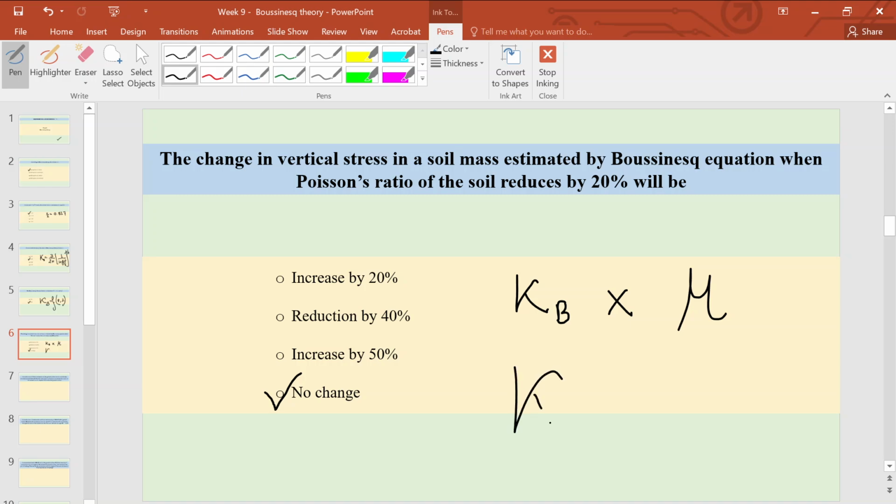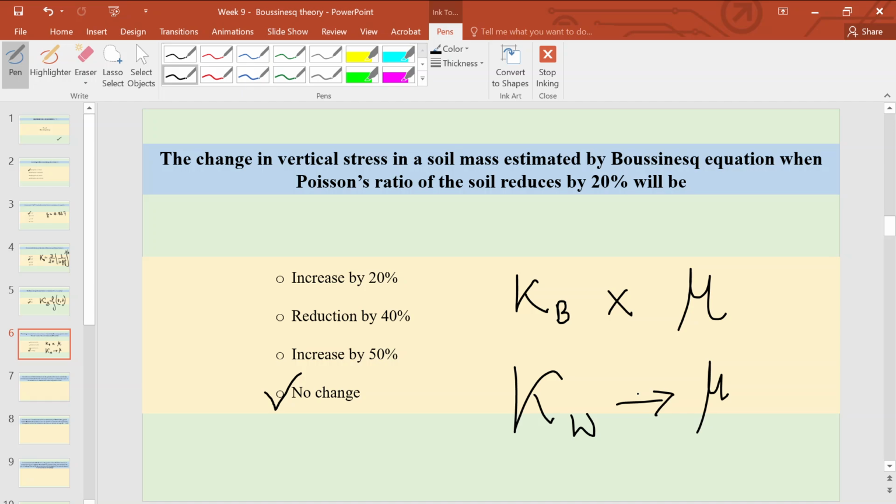But for the Westergaard influence factor, there is a relation with Poisson's ratio. I believe Westergaard was in the 8th discussion session, scheduled for tomorrow evening.